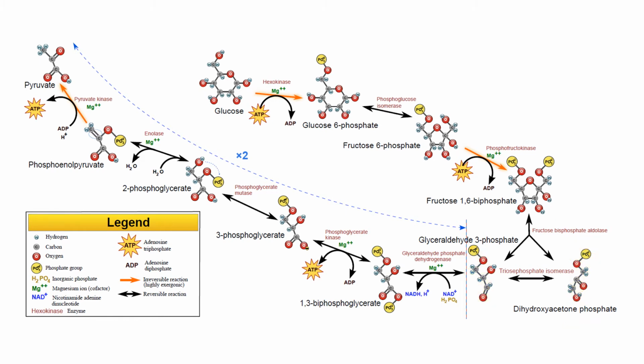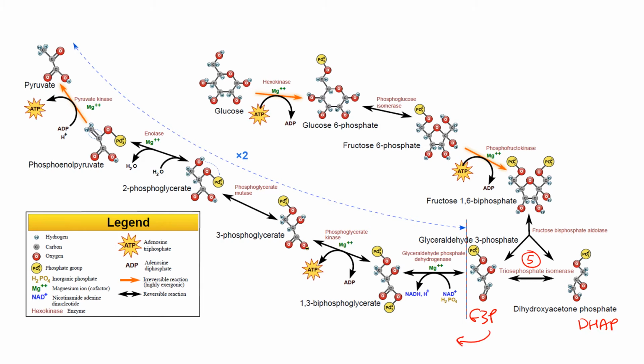Step 5, triose phosphate isomerase is an enzyme that will interconvert the molecules DHAP and G3P. Glyceraldehyde phosphate is removed, okay, and will be used in the next steps of glycolysis.